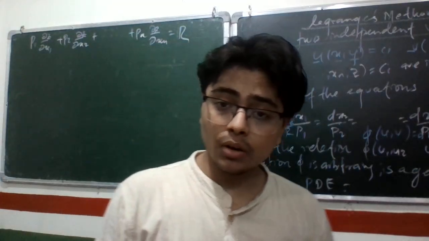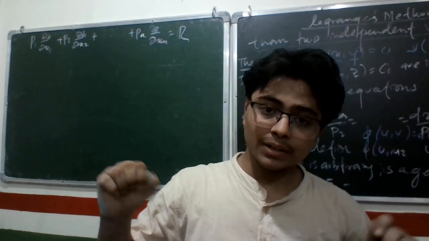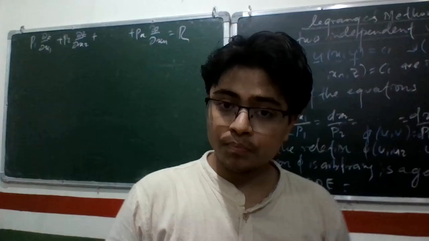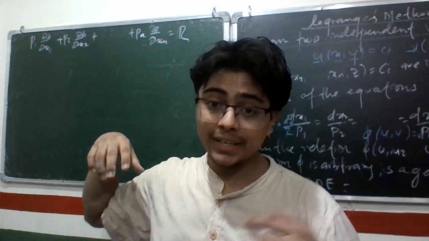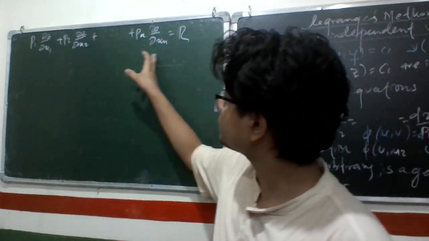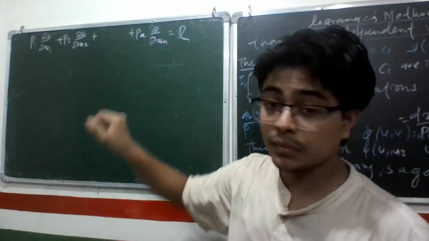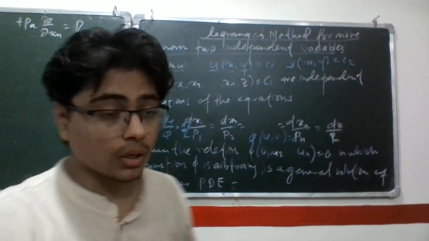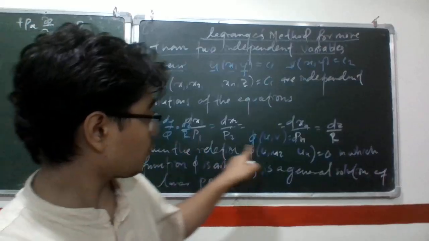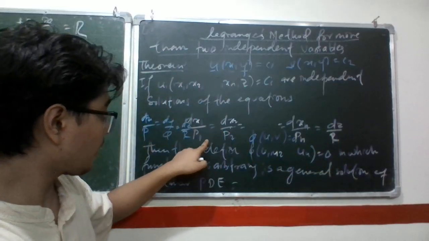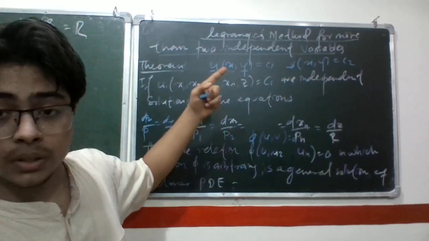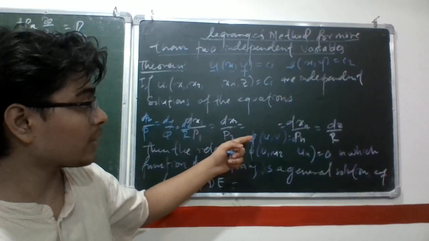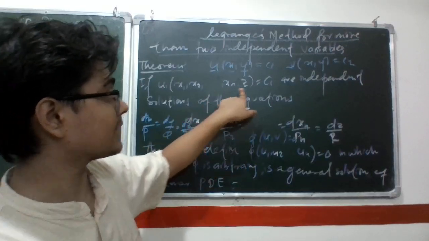But when we have a large number n of independent variables, then our PDE becomes this equation up to Pn, and we have our system of equations given by these, and the solutions of this system of equations are given by this.